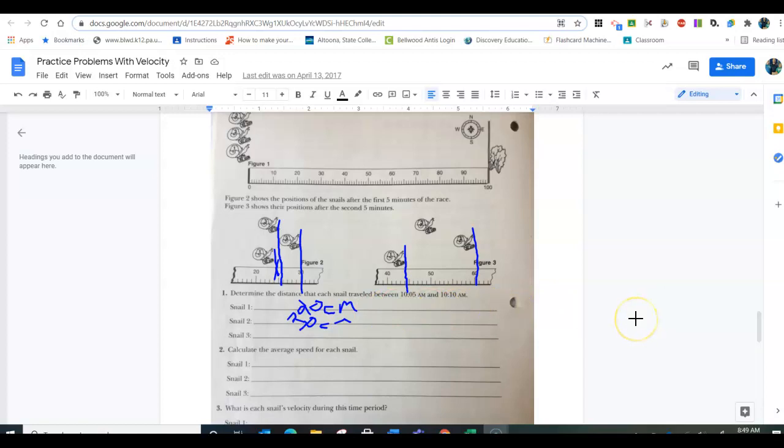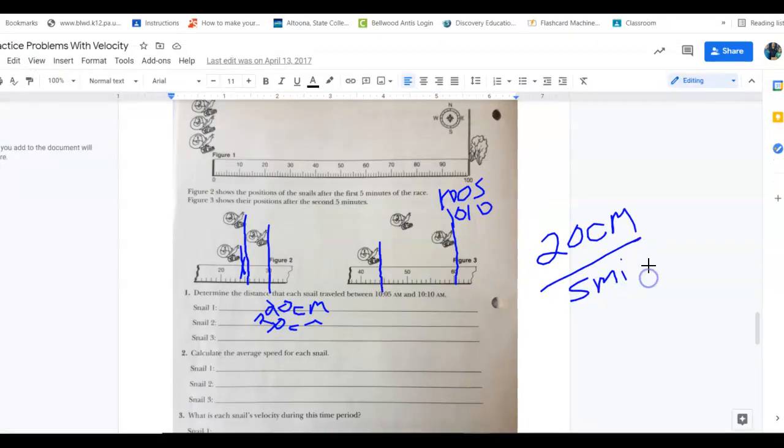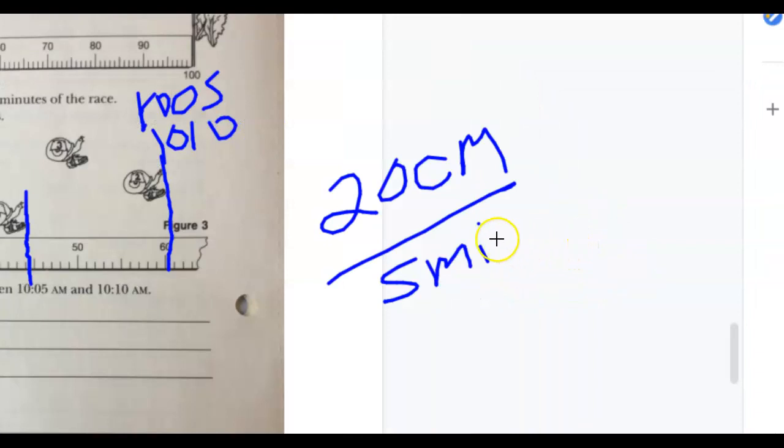And it says the average speed. Well, you know it took 5 minutes because it went from 10:05 to 10:10. So if you take 20 centimeters divided by 5 minutes, when you have to write out minutes too, because you want to be careful with this, it gives you 4 centimeters per minute.